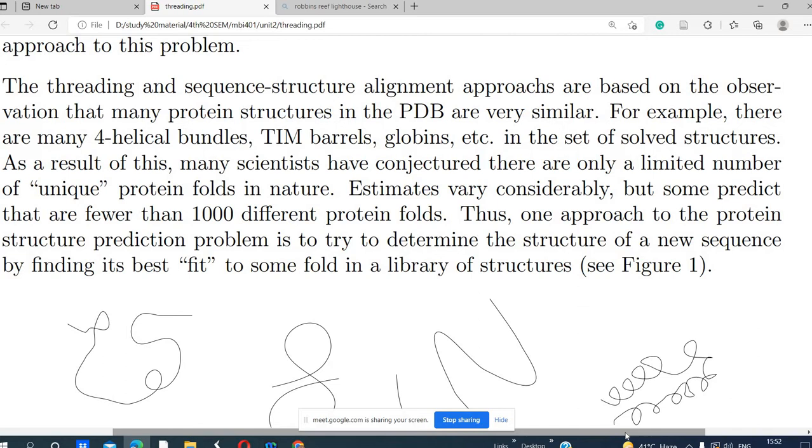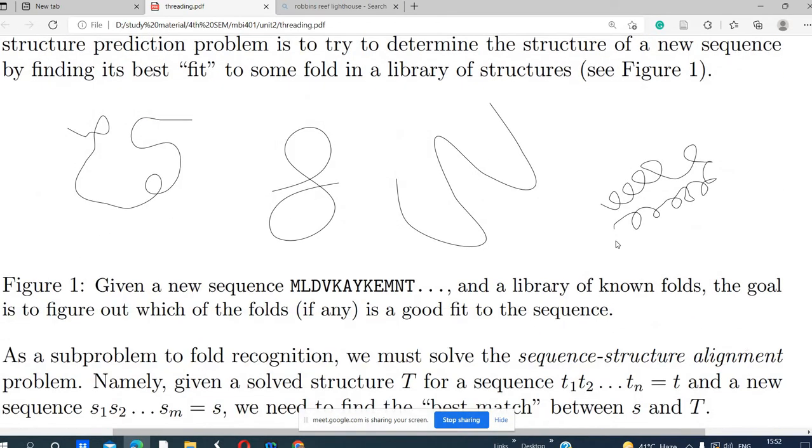Suppose we have a library of structures. Now we are aligning the unknown sequence with these structures. We have to align the unknown protein sequence with the known structures. These are the types of folding patterns a sequence can fold into. There are different patterns of folding.